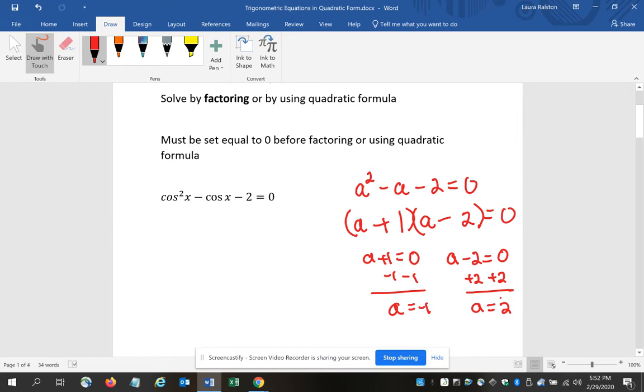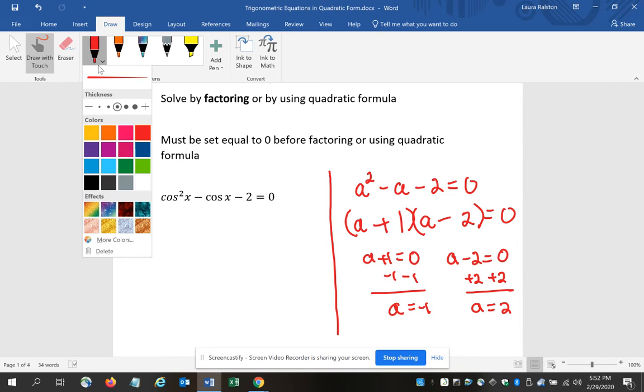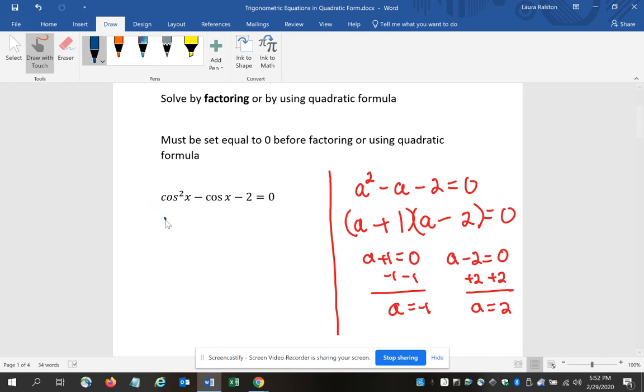So we're using that same approach, but instead of using a, we're using cosine. So again, I want to think about trying to factor this problem, set equal to 0. We would have cosine x times cosine x gives me cosine squared.